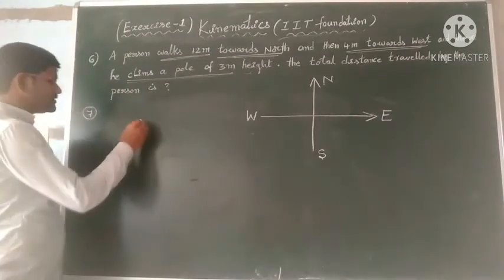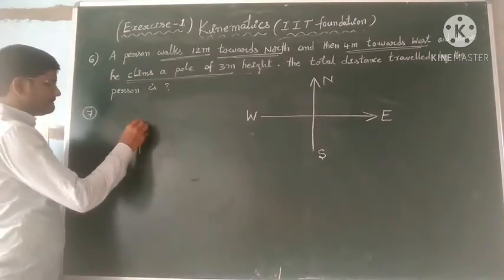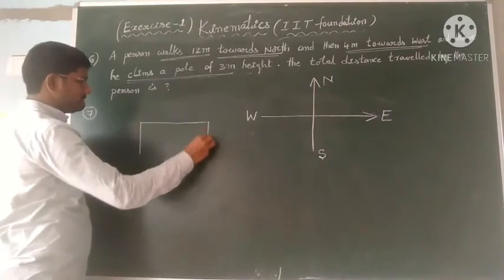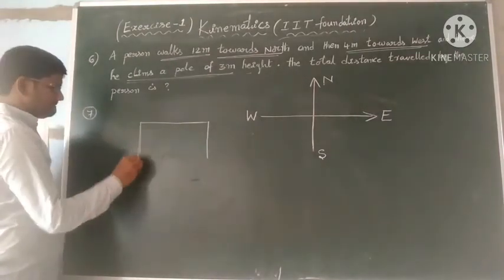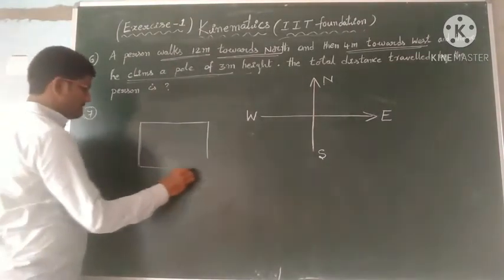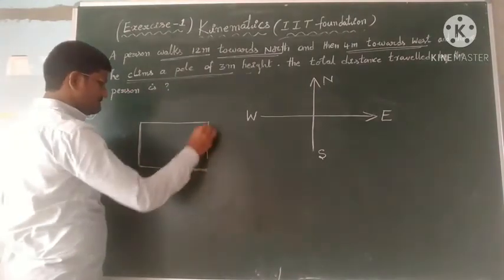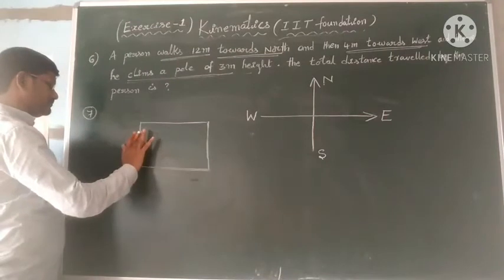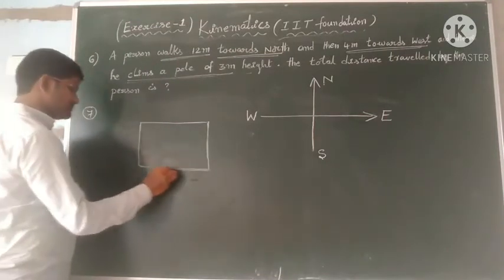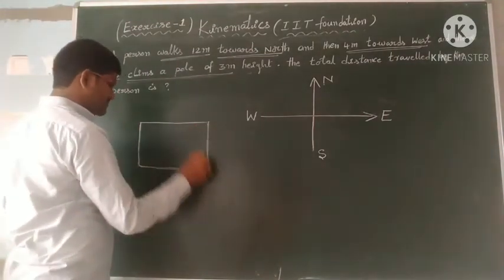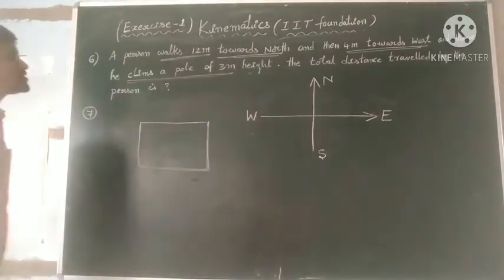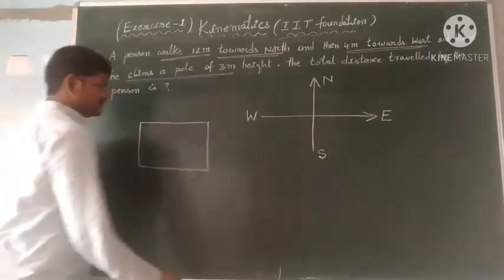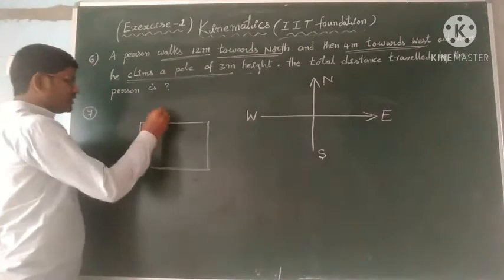See my dear students. So a person walks 12 meters towards north. So 12 meters north he went.